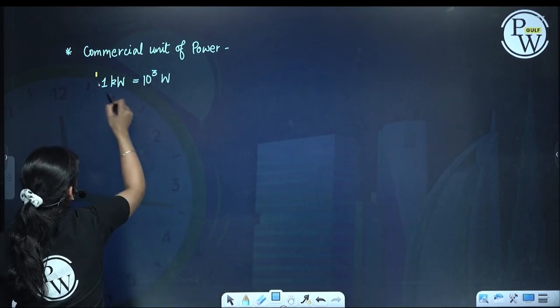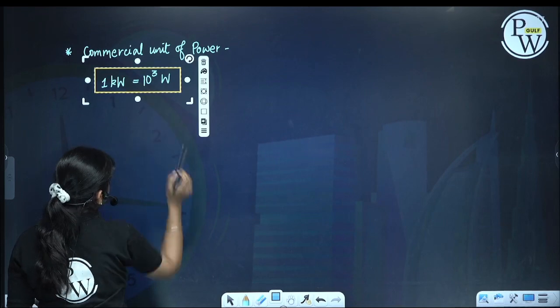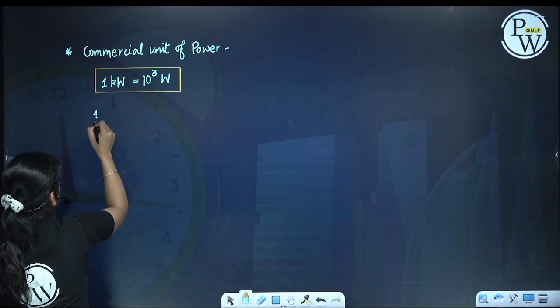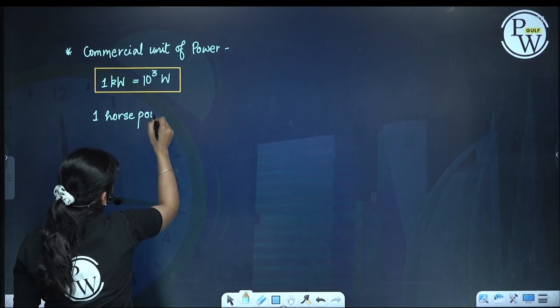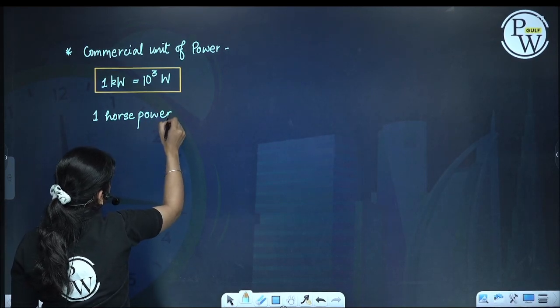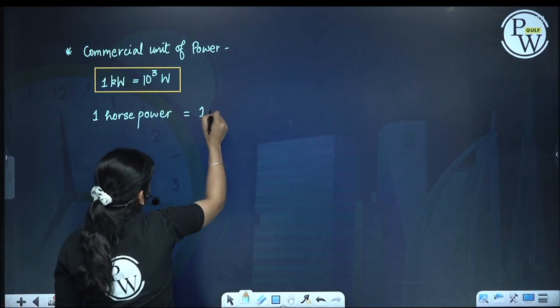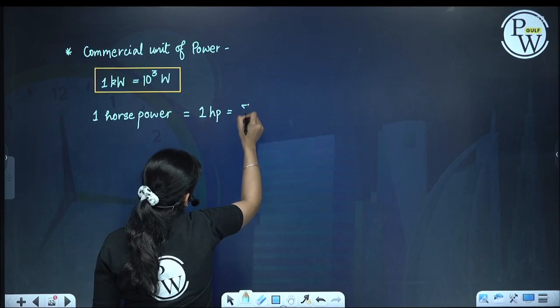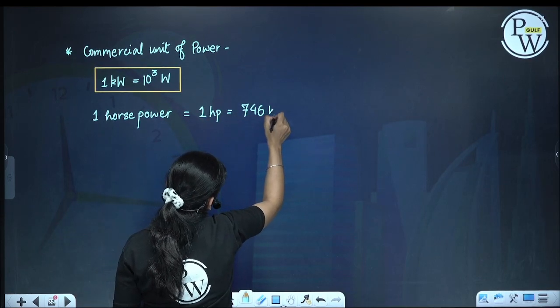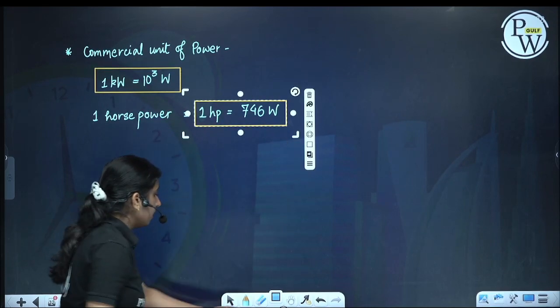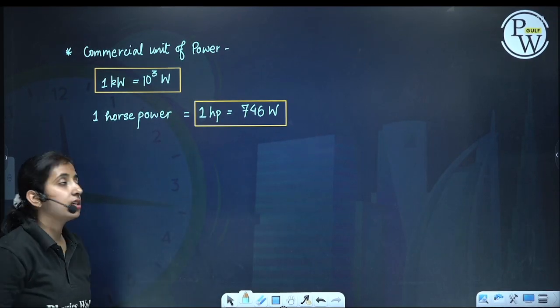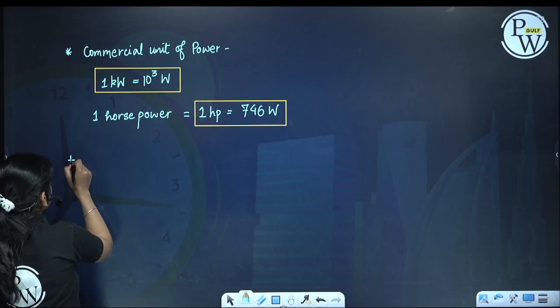And next is horsepower, which is also a commercial unit of power. 1 horsepower, 1 HP, is equal to 746 watts.